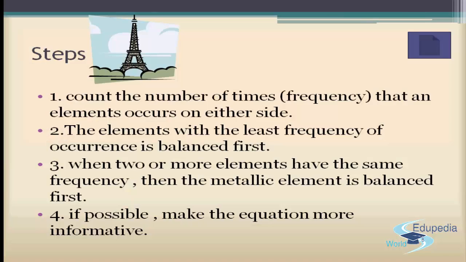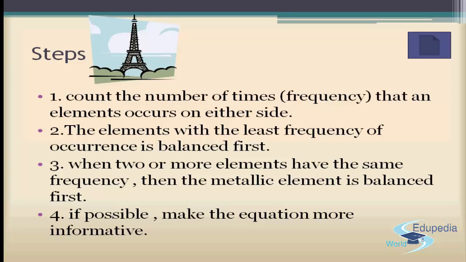So friends, here we have some basic steps through which we can balance any kind of chemical equation. The first says that we have to count the number of times, that is the frequency, that the element occurs on either side. That is, we have to count the number of atoms of that particular element on both sides. Then the element with the least frequency of occurrence is balanced first.